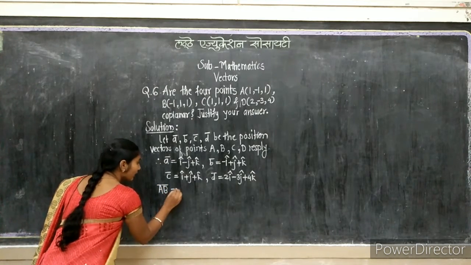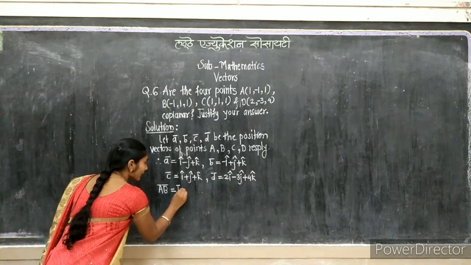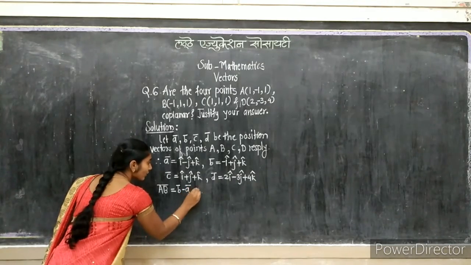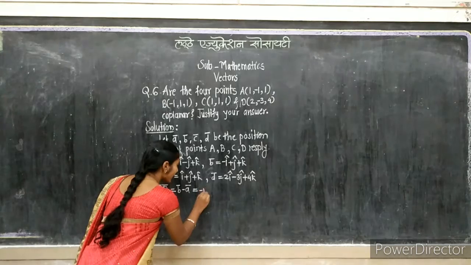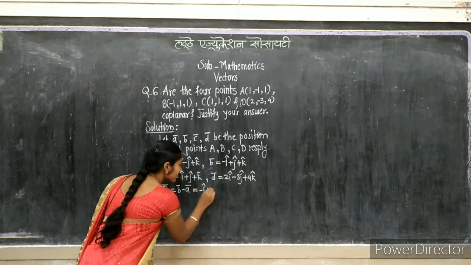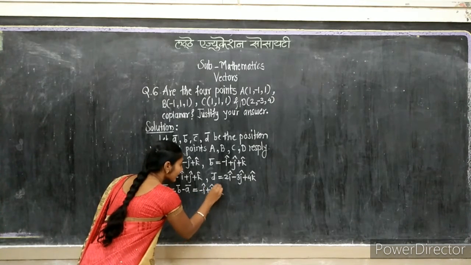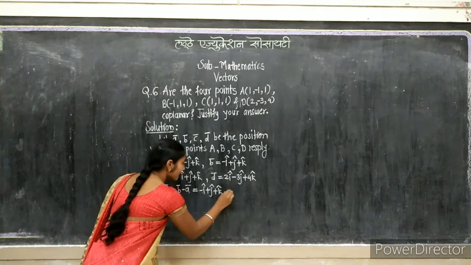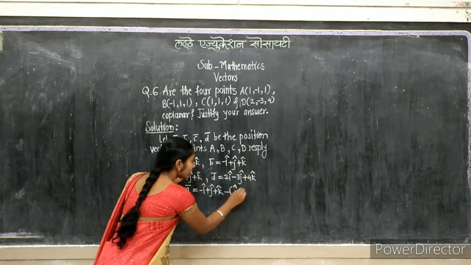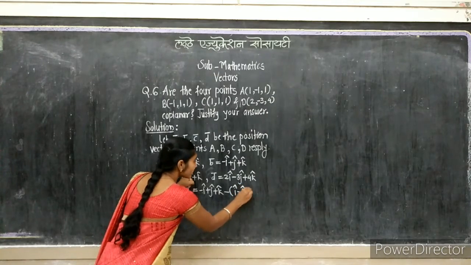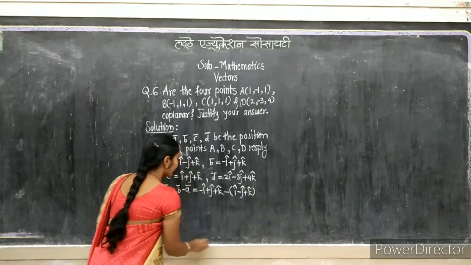AB bar is equal to b bar minus a bar, which is minus i cap plus j cap plus k cap minus (i cap minus j cap plus k cap).